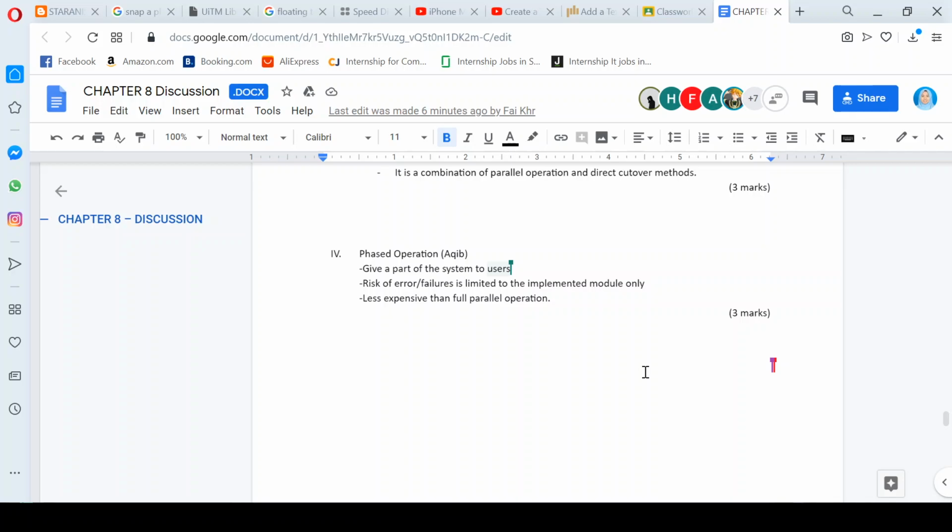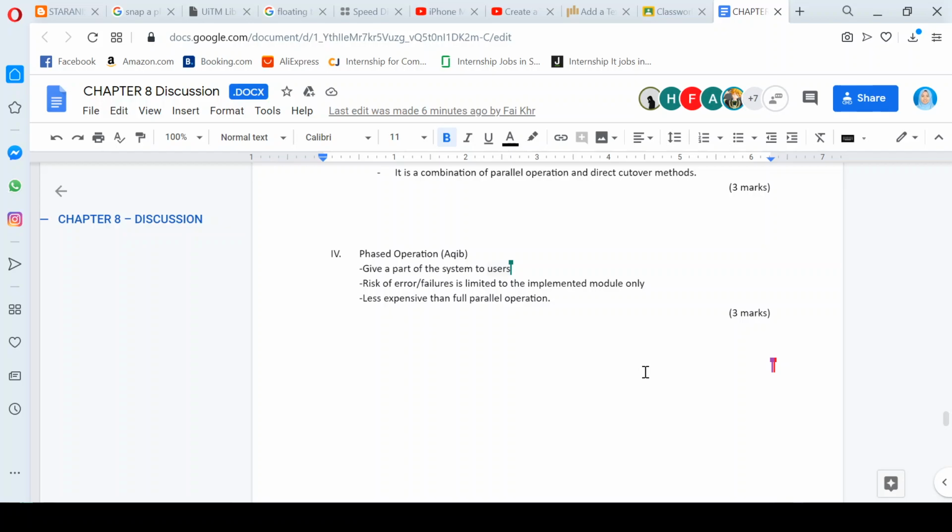And then if the login is working fine, then kita akan start bagi function logout contohnya. So if the login and logout is already okay and stable, then kita akan bagi function yang pertama, for example untuk view. Okay, so this is another option untuk system changeover.